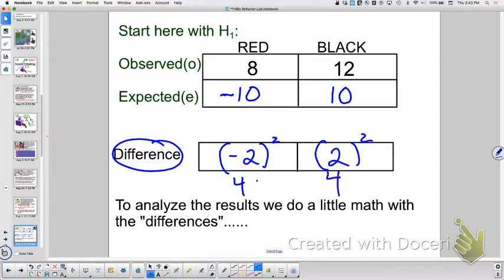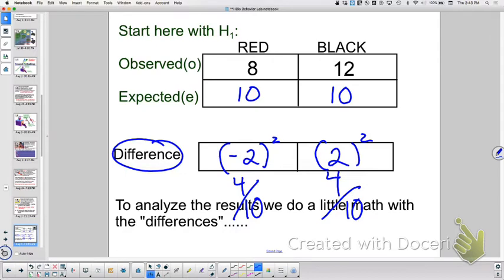And all you have to do after you square it is put it over what you expected. How many red cards did I expect? 10. So 4 over 10. And how many black cards did I expect? 10.